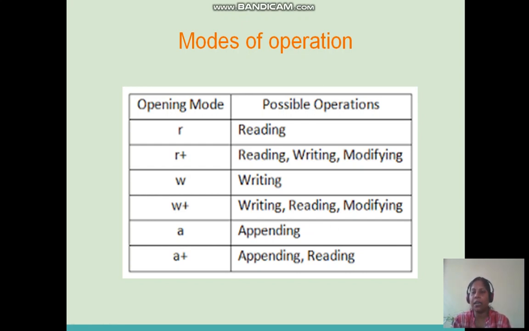There's a difference between r+ and w+. r+ doesn't delete the content of the file and doesn't create a new file if such a file doesn't exist. Whereas w+ deletes the content of the file and creates it if it doesn't exist. a+ means appending as well as reading.